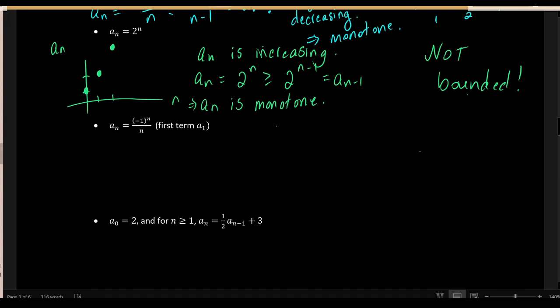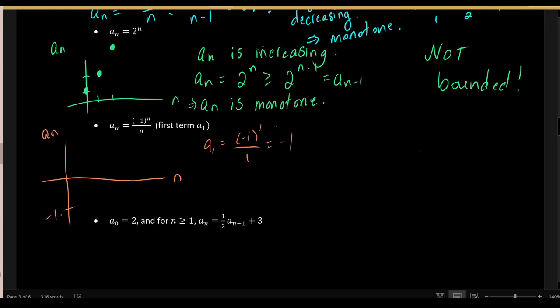Let's consider the example a_n is equal to (-1) to the power n divided by n. Once again, we'll let the first term be a sub 1. Now, let's go ahead and graph a few terms of this sequence. When n is equal to 1, for example, we have (-1) to the power 1 divided by 1, which is -1.